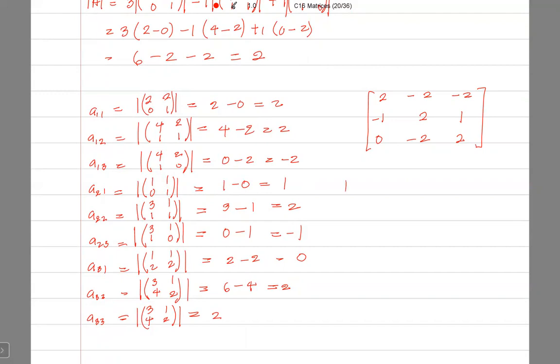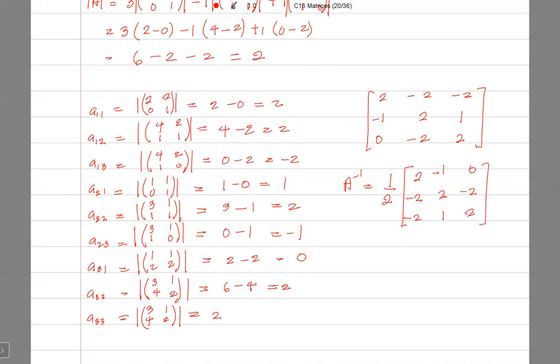So A inverse is 1 over the determinant, which is 2. Then the adjoint matrix is the transpose of the matrix of cofactor. So it's 2, minus 2, minus 2, 1, minus 1, 2, 1, 0, minus 2, 2.